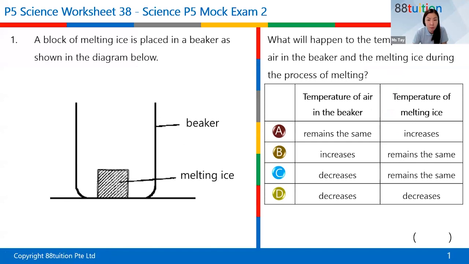A block of melting ice is placed in a beaker, as shown in the diagram below. What will happen to the temperature of the air in the beaker? When they say temperature of the air in the beaker, it should be in this area, as well as the melting ice during the process of melting.